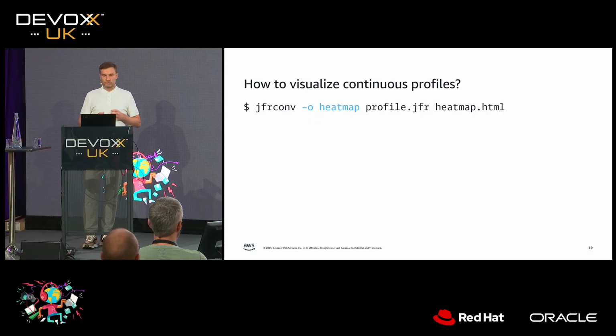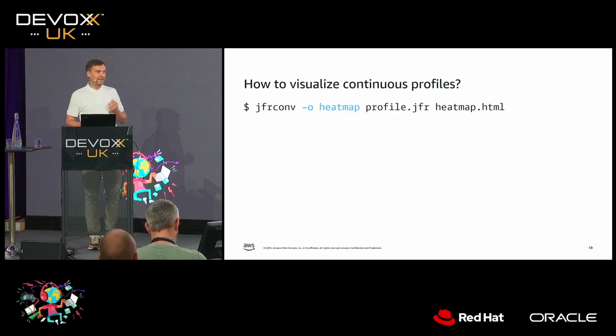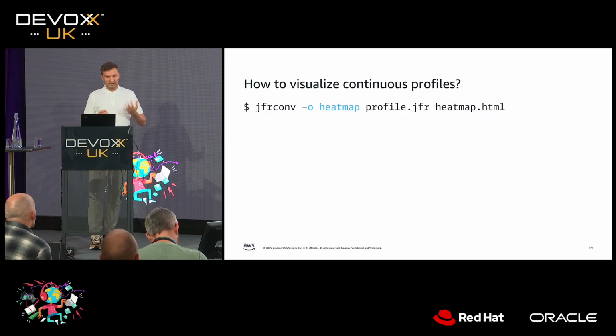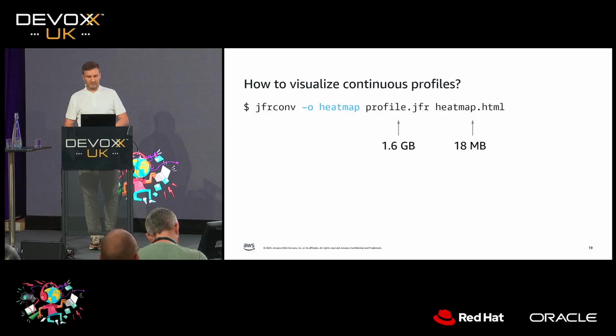And as a solution for this problem, we've developed a new visualization mode called heatmaps. The idea was borrowed from Brendan Gregg's FlameScope project. However, FlameScope is more focused on a short time period of profiling, whereas Async-profiler heatmaps allow you to see the recordings, or whole day recordings, on one screen.